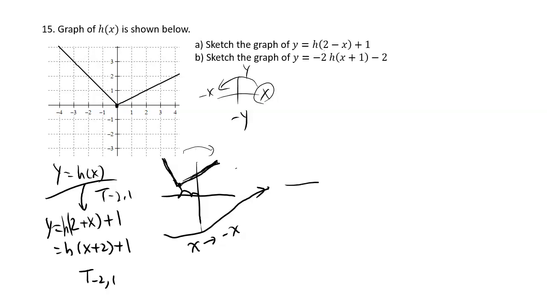So if you do that, then this point, which was -2, 1, will now become 2, 1, right? And this line will now become this line, and this line will become this. Okay. So that will be the graph of y equals h of 2 minus x plus 1.